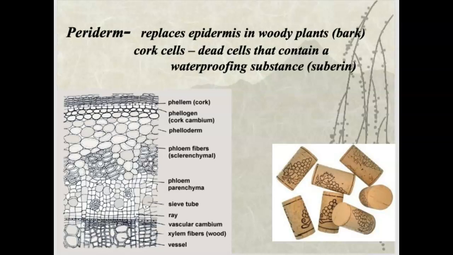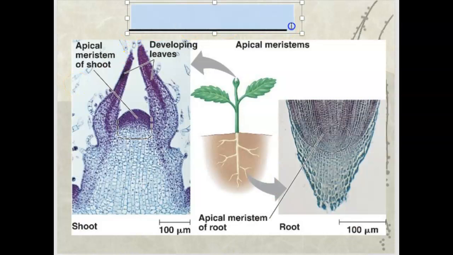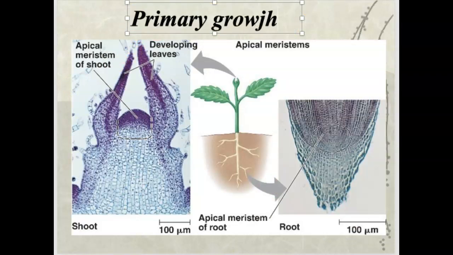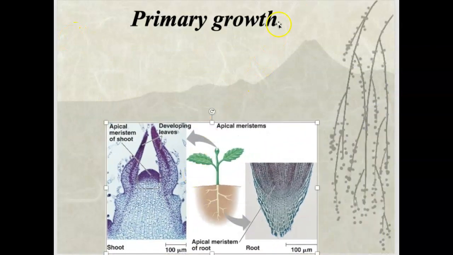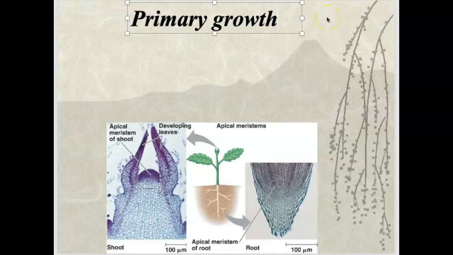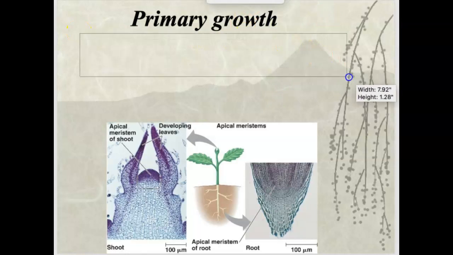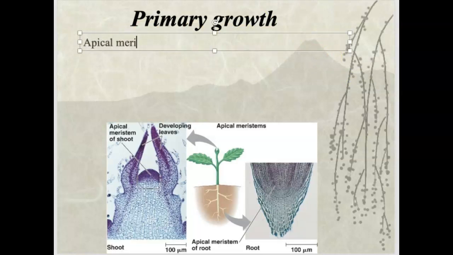So, last little bit to mention here, we want to talk a little bit about growth. So primary growth of plants. When plants are growing, they start out with what we call the primary growth. And what we're going to see is primary growth occurs from apical meristems.